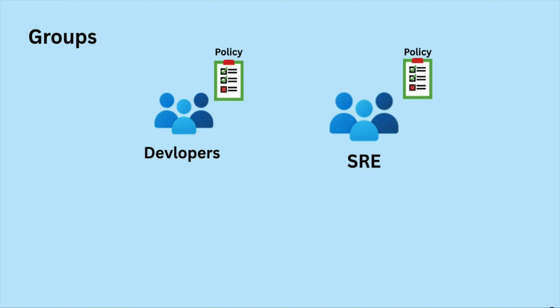And when we add a user to that group, all the users inherit that IAM policy. In that way, we don't have to waste time assigning all the users the same policy. For example, we can create a group called developer and add all the developers inside that group. So all the developers will inherit the policy which is assigned to that developer group.